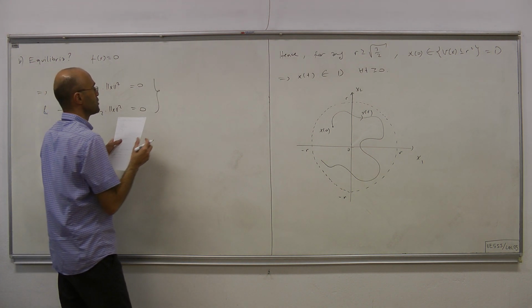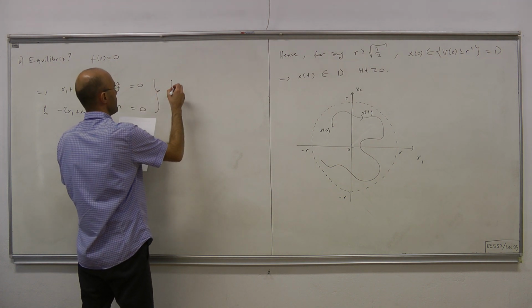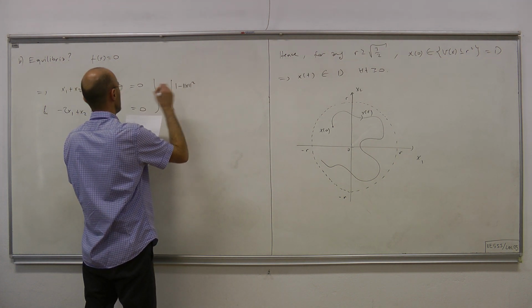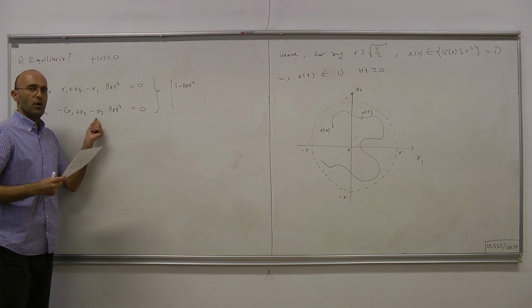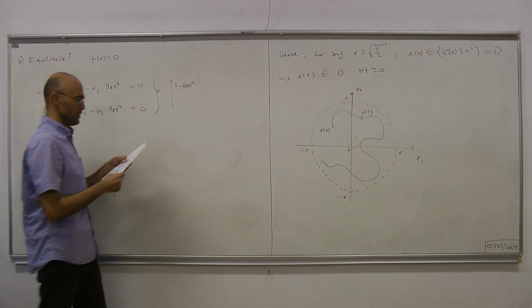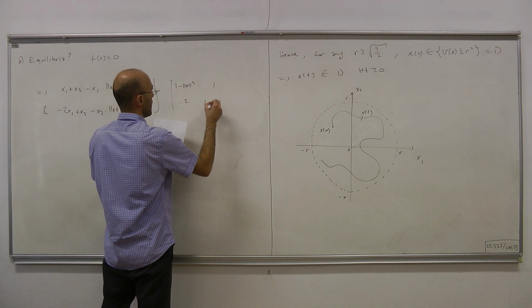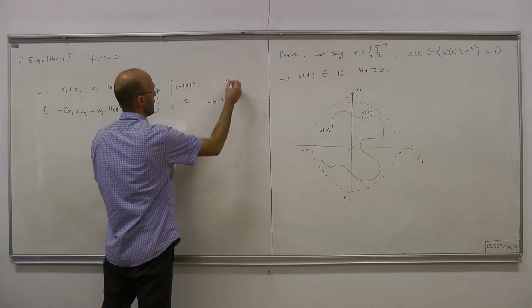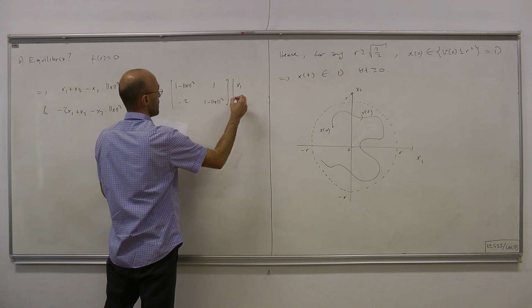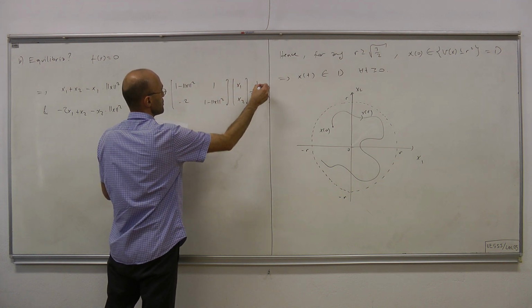Now, to see the solution in an obvious way, let's write these two equations as a single matrix equation, where the matrix is a function of x, times the vector x1, x2, equals 0, 0.